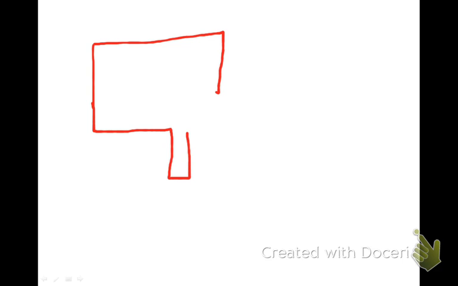All right, this one we need to draw a shape. Now let's try to draw this shape. And let's put some dimensions on it.